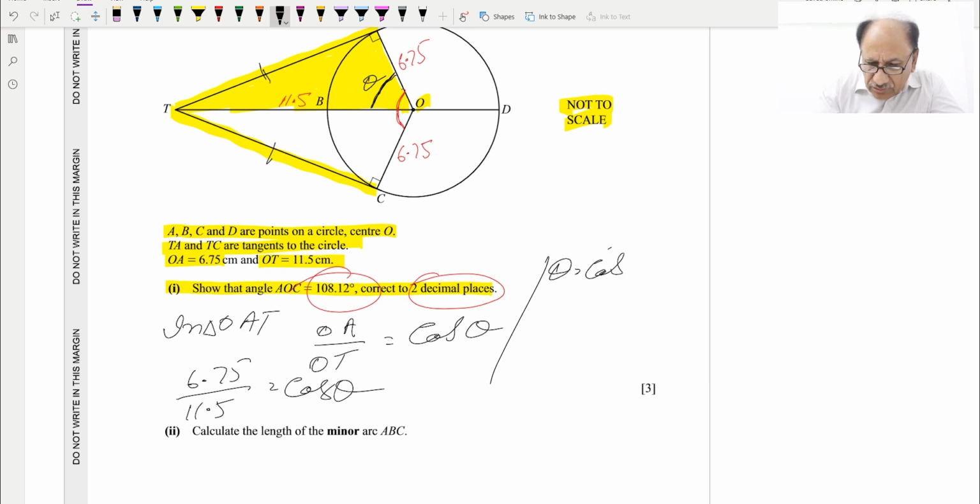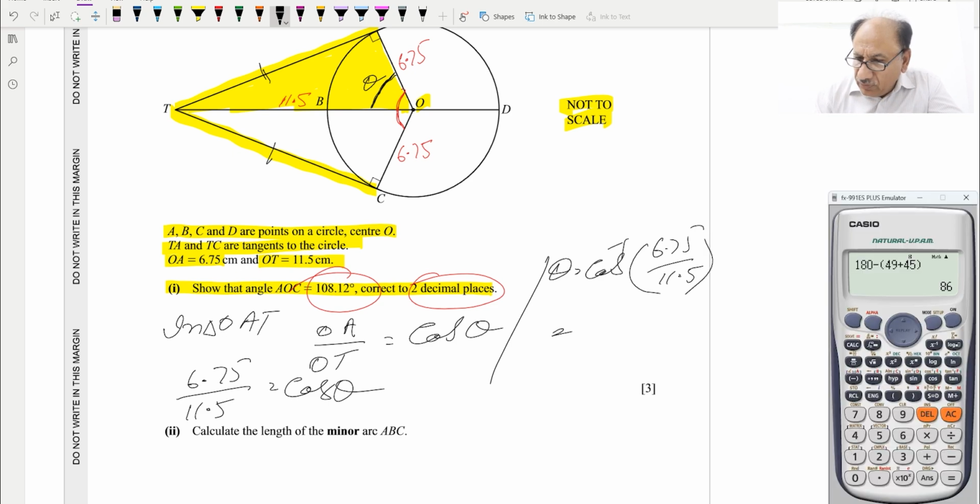We can write theta is equal to cos inverse of 6.75 over 11.5. On the calculator, this is shift cos 6.75 over 11.5. Your calculator should be in degree mode, not radian mode, sorry.